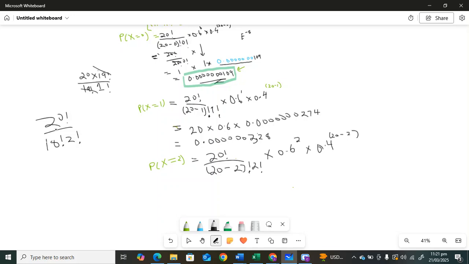Okay, as I said, since in our denominator it's 18 factorial, you just write 20 times 19 times, then you end on 18 factorial here, so that the 18 factorials cancel each other out. Then below, this 2 factorial is 2 times 1.